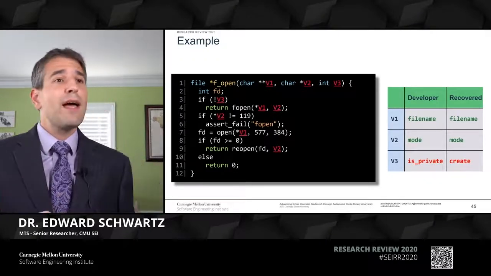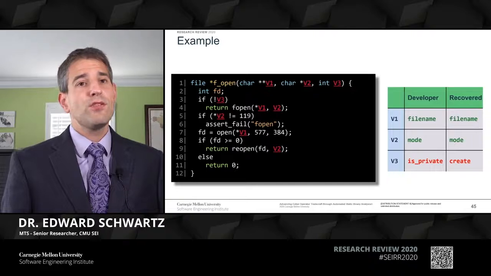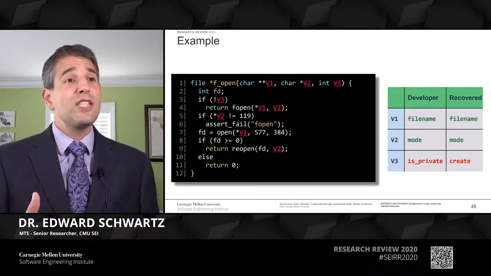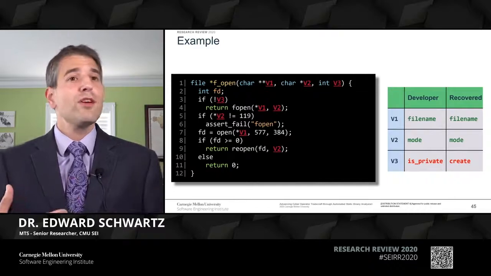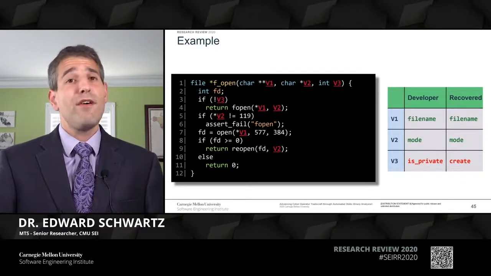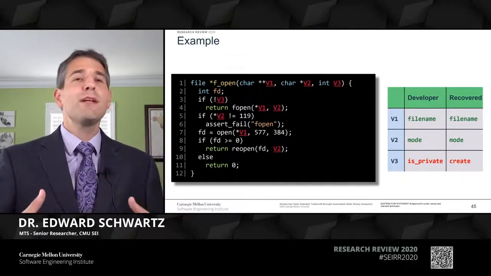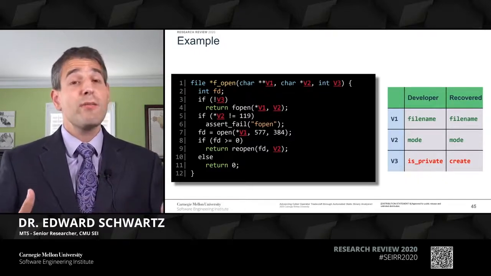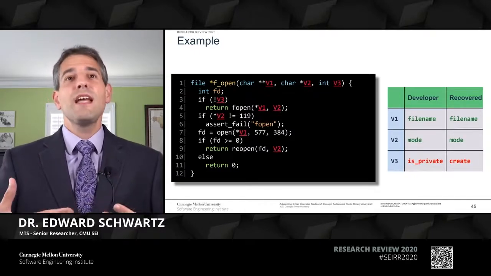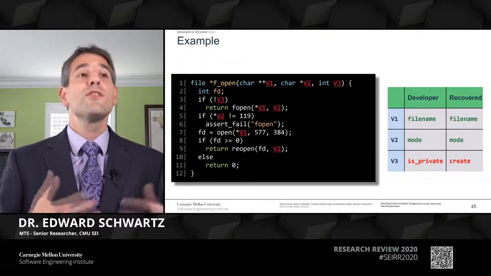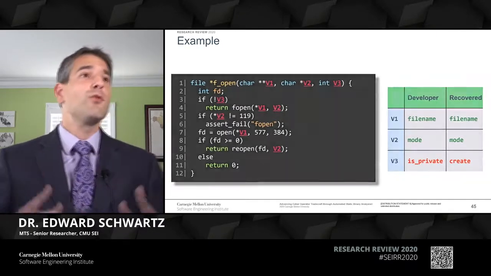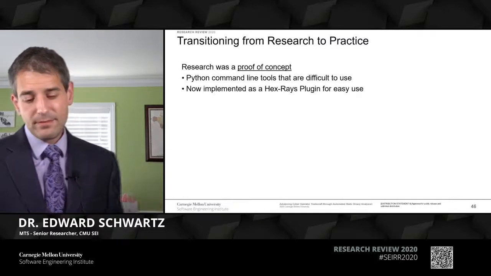So that might seem bad, but if you actually look at this code and see what it's doing, when that last flag is set, it actually creates a file with private permissions to make sure that different people can't read the file. And so, we're not naming the variable the exact same thing, but we're still giving it a name that reflects the way that it's used. And that makes it easier to understand and read the function, which is our ultimate goal.